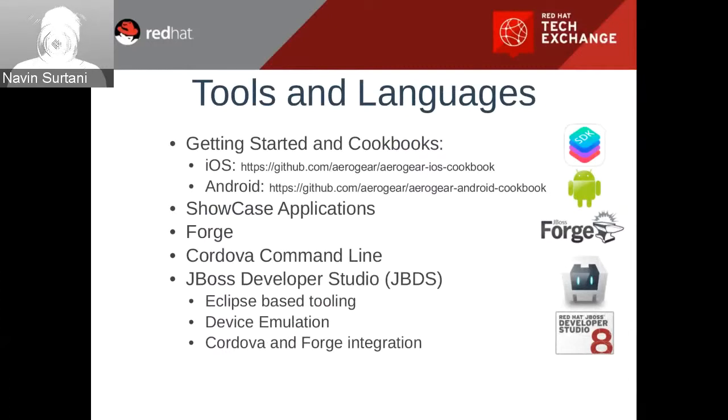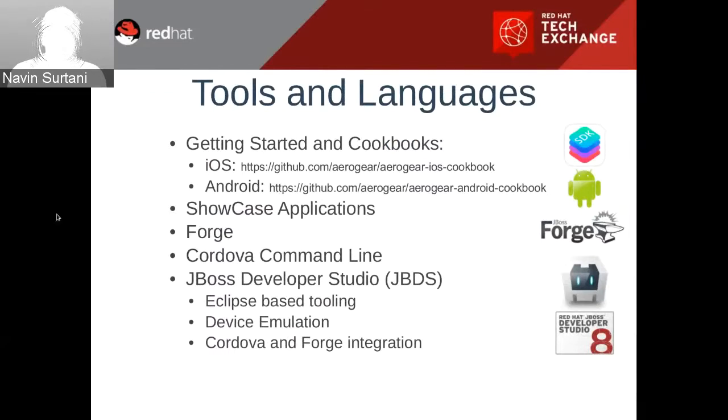You can do that through the command line. We have Forge that includes those capabilities. We also have Cordova at the command line, so you can download Cordova, and we support that also in JBoss Developer Studio. JBoss Developer Studio includes Forge and Cordova, so you can do everything from one single place.